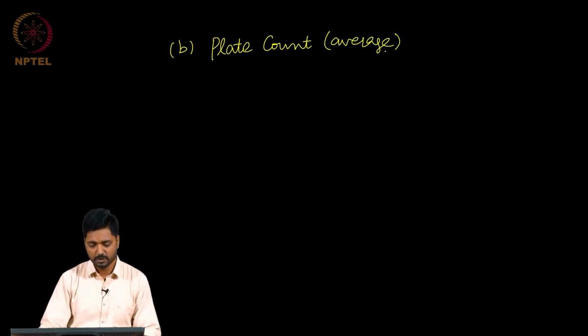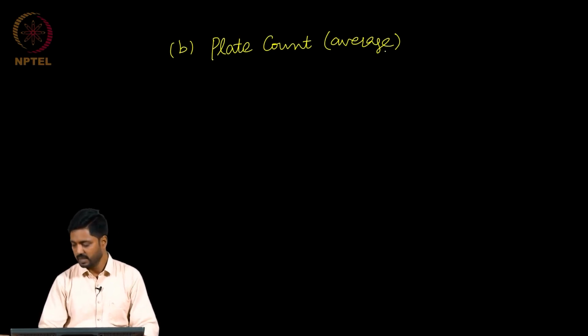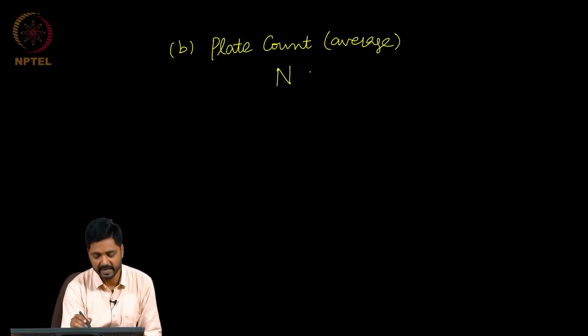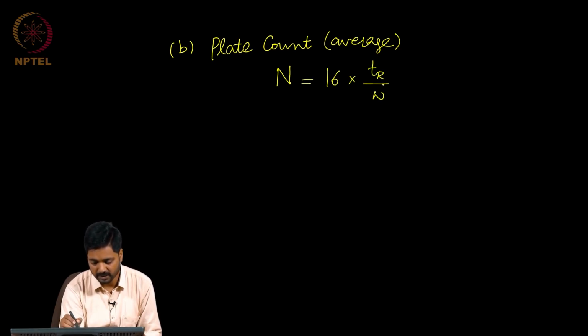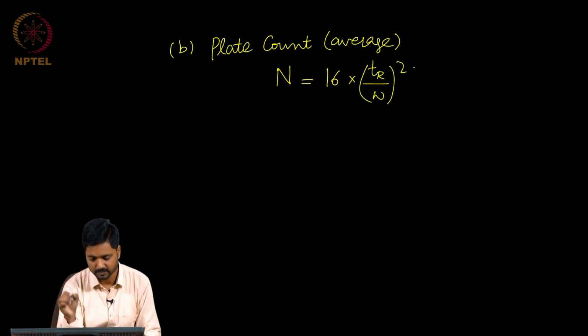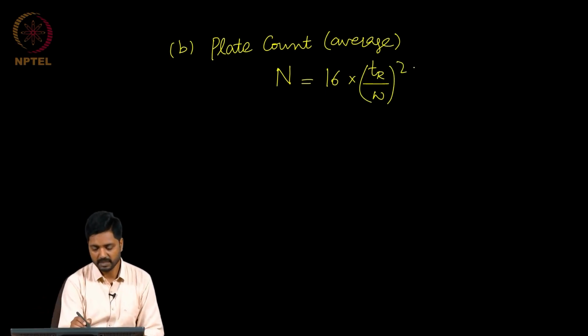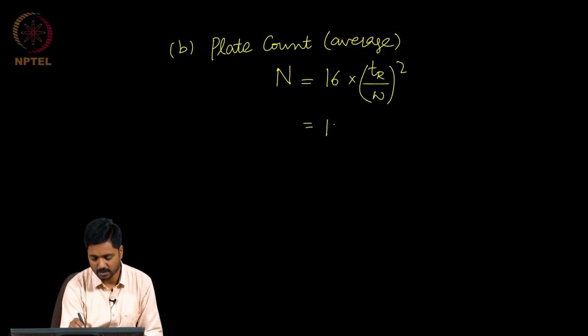Let us do that by plugging in the values. The plate count, or the total number of plates present in this column, will be given by 16 times the retention time divided by the width at the base, squared. This we already saw just a few minutes back in this class. So, let us do the calculations again here.